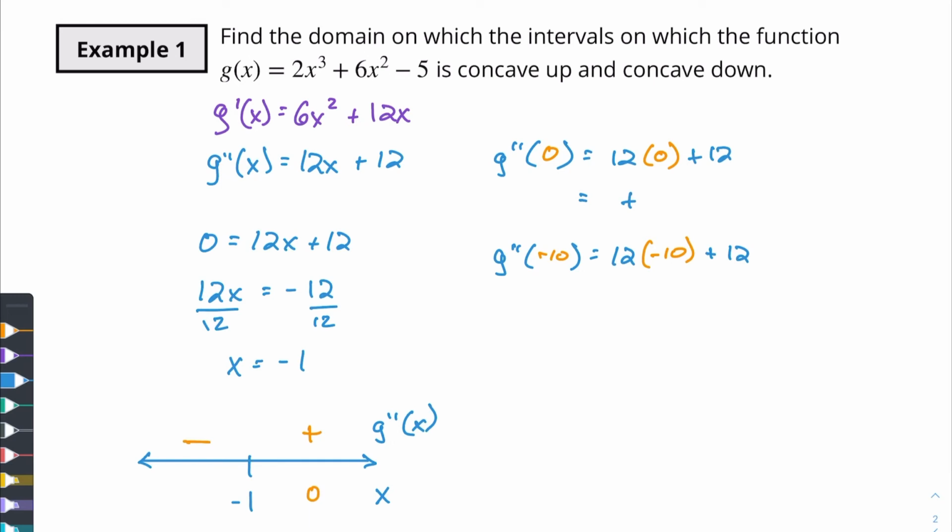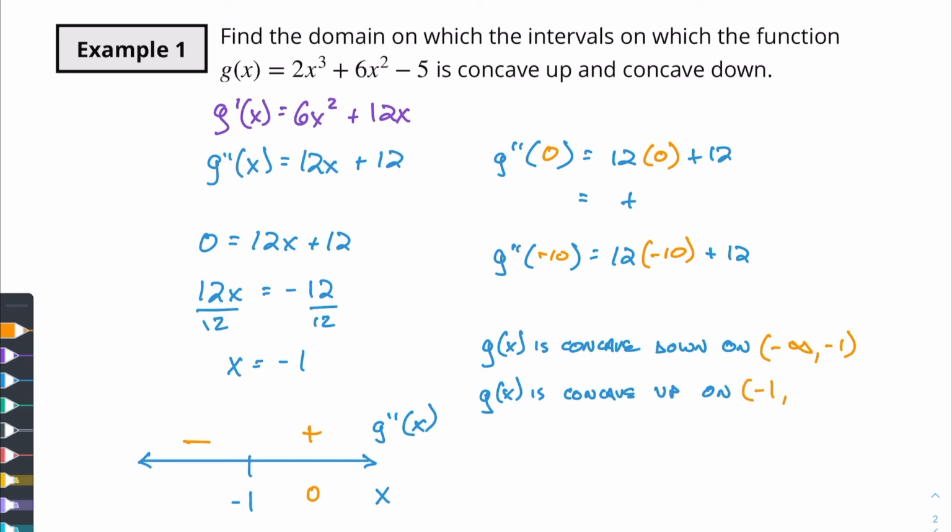So we could say here that g of x is concave down on the interval of negative infinity to negative 1, and g of x is concave up on the interval of negative 1 to infinity. That's how we find the concavity of a function. We're just doing the sign diagram again of our second derivative.